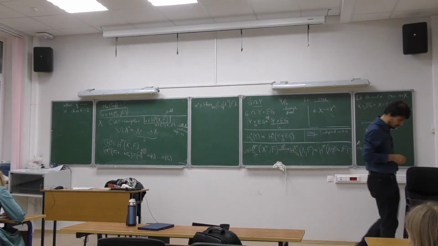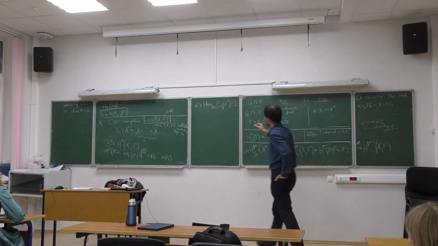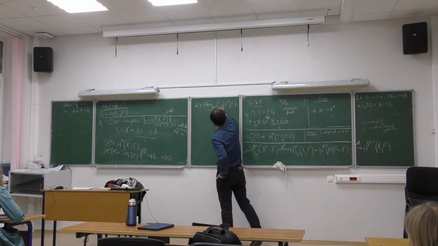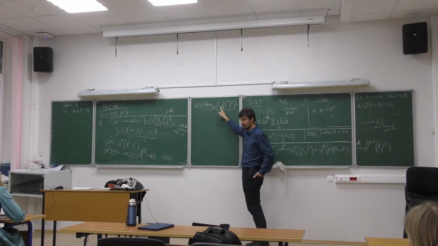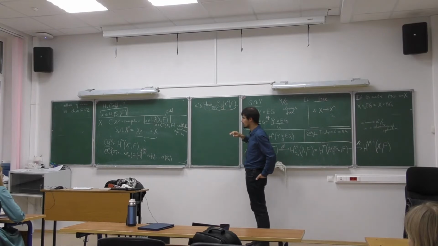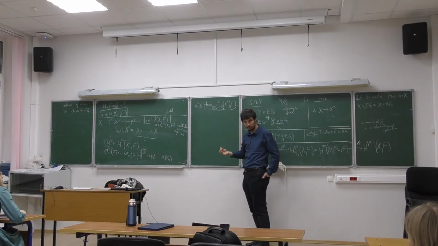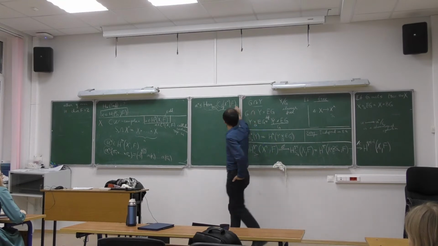Well, this cochain complex, we can consider this cochain complex where here we have star. Yes? This cochain complex is not the complex which computes the equivariant cohomology. But let us write down which complex computes equivariant cohomology.